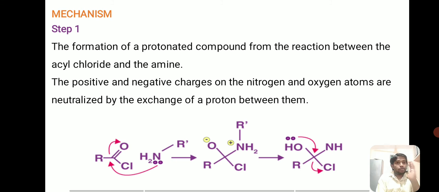Here, the positive charge on the nitrogen and the negative charge on the oxygen atom are neutralized by the exchange of a proton between them. You can observe here the exchange of proton takes place between the negatively charged oxygen and the positively charged nitrogen.